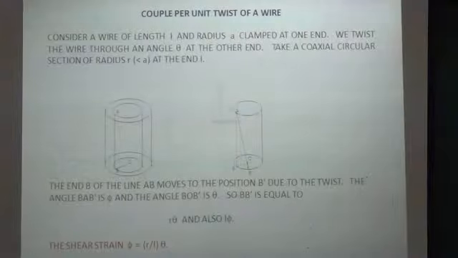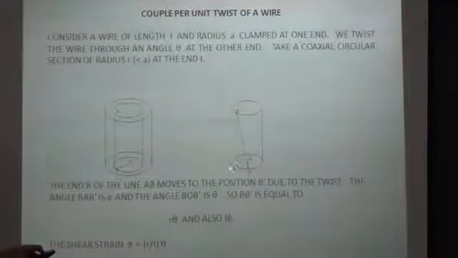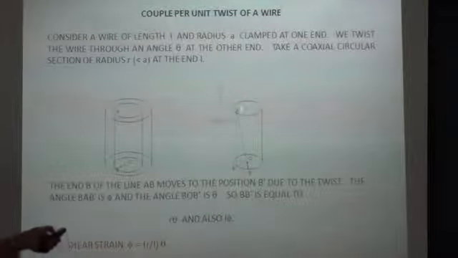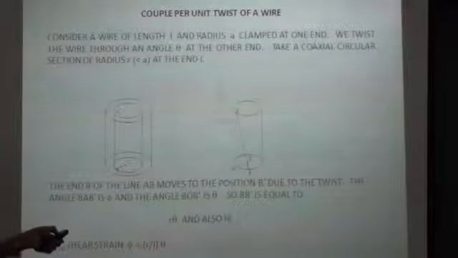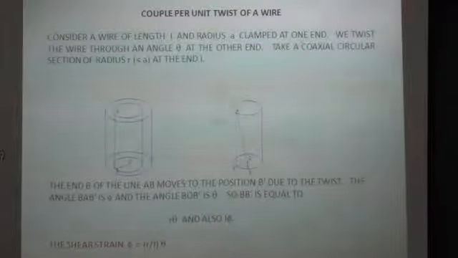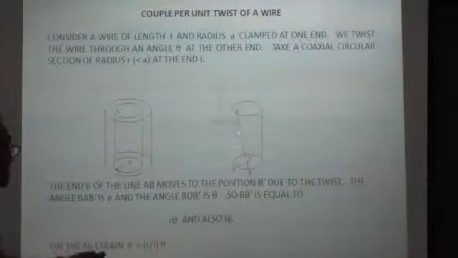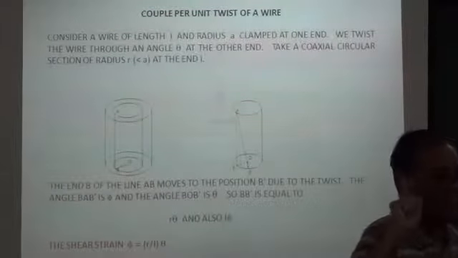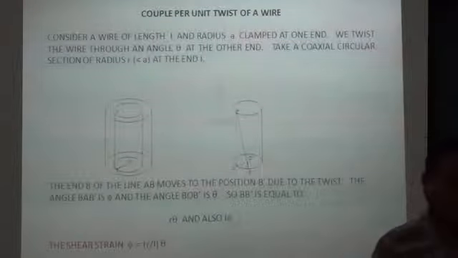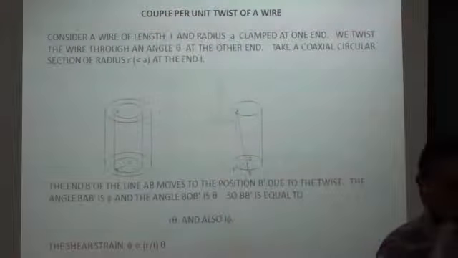So the vector OB will change to the position OB dash. So B will come to B dash, and the line which was AB originally will now become AB dash. And this angle BAB dash is our shear strain phi.